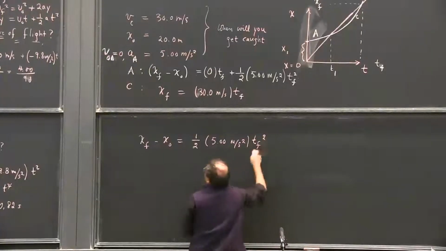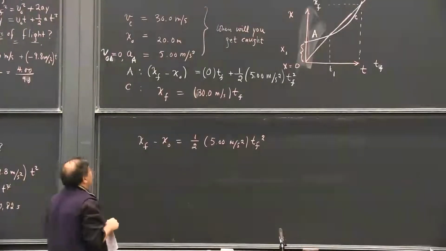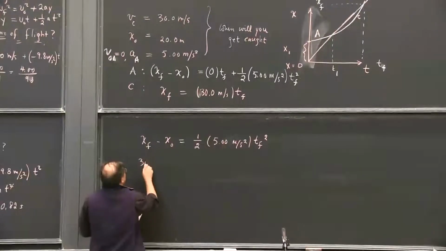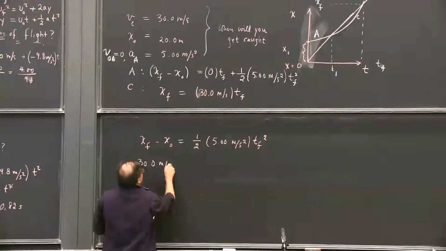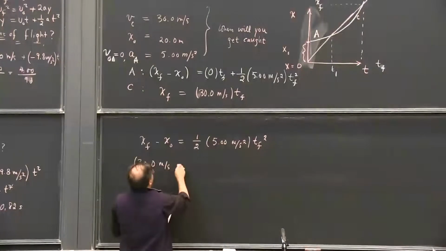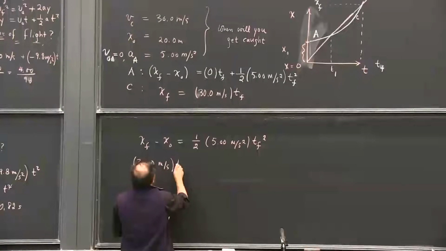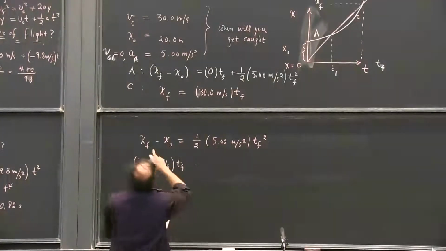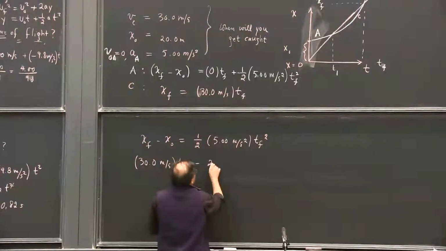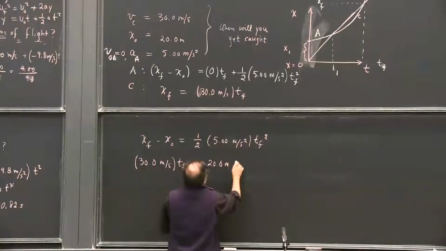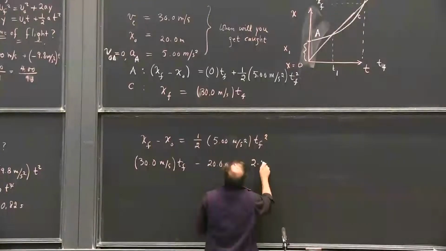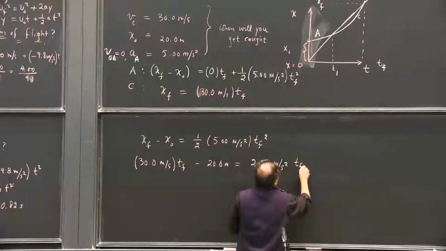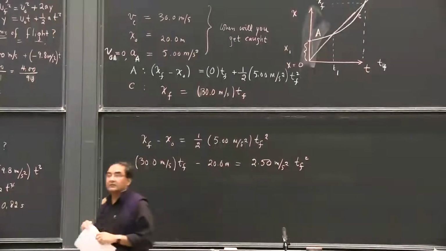Please don't talk. I'm hearing some whispers, but they're not particularly pleasant to hear, so just stop. So I can then write this x final as 30 meters per second times t final minus x0, where I know x0 is 20, times t final squared. Did I do it correctly or no?